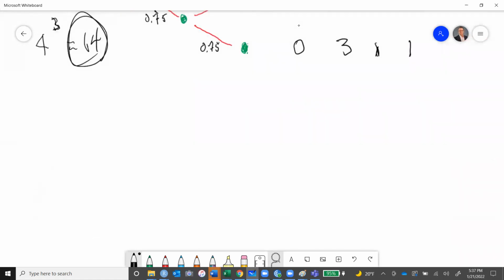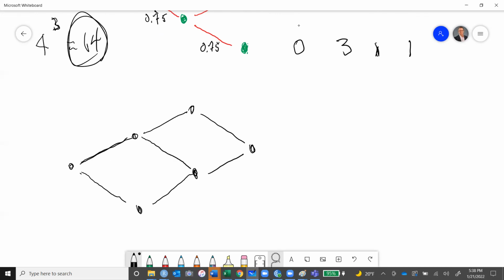And if we just write them out, we're going to be looking at this path, this path, this path, or this path, this path, or that path, or this path, or this path.